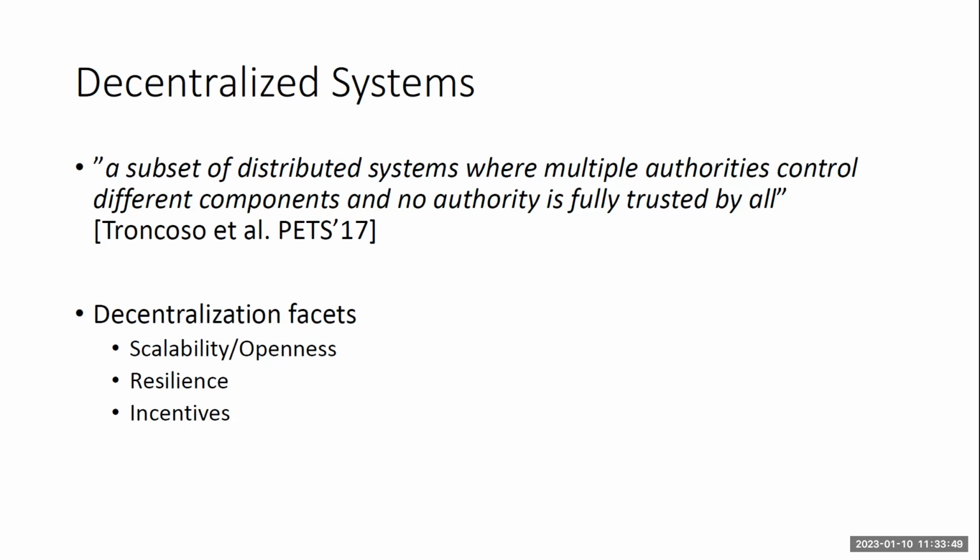But also incentives, because in decentralized systems, you need to motivate participants to take part and to play the game in the system. Otherwise, things will collapse, because if everybody wants to benefit from the system without contributing their fair share to it, it won't work, right? These are some facets, but there are many others.